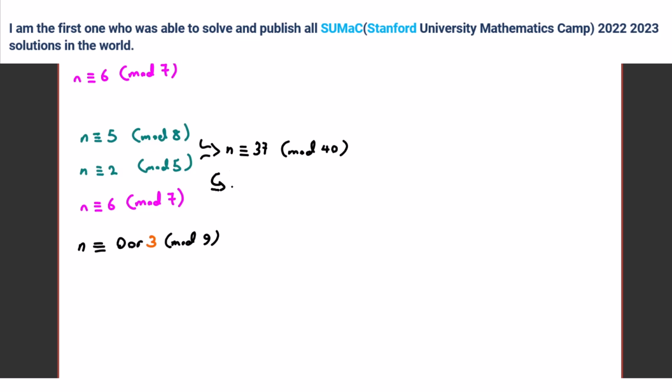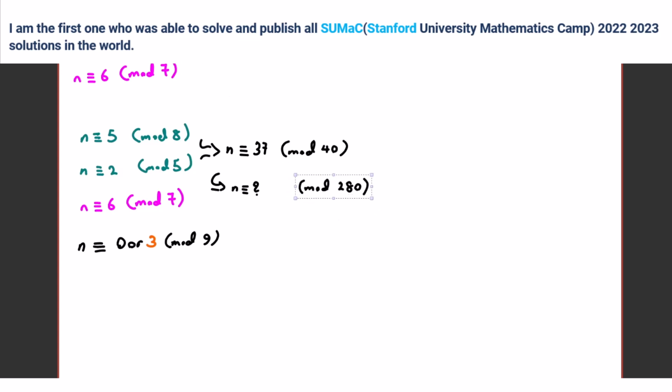Now, by these two things, we can find n mod what? Then we can find mod 280. Exactly. Find mod 280. I'm getting 237.